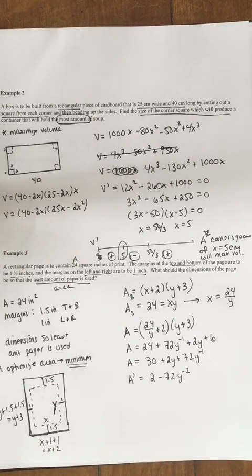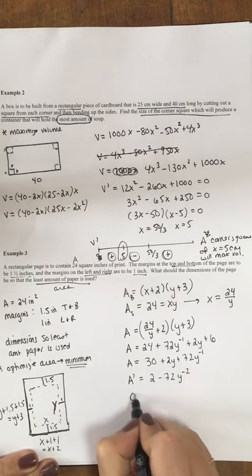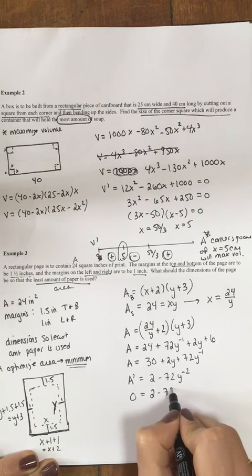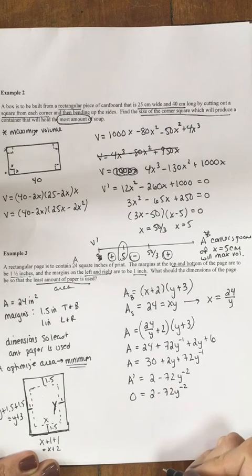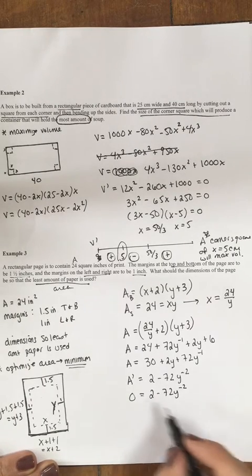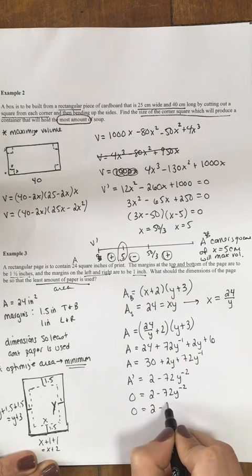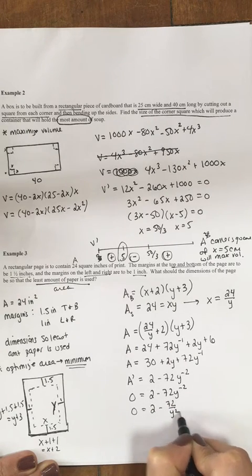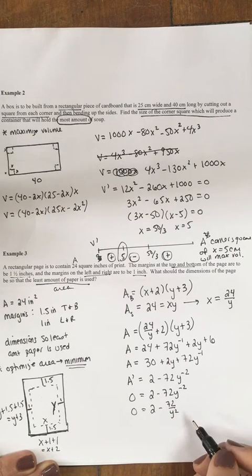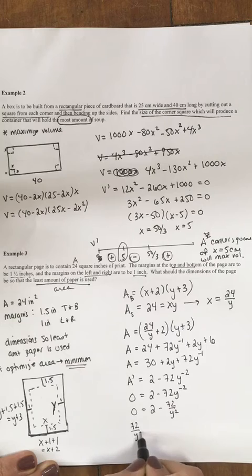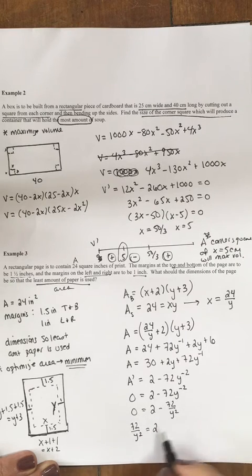And now we want to know, when is this equal to 0? When is 2 minus 72y to the negative 2 equal to 0? Well, this is 0 equals 2 minus 72 over y squared, right? So I'll add 72 over y squared. 72 over y squared equals 2.